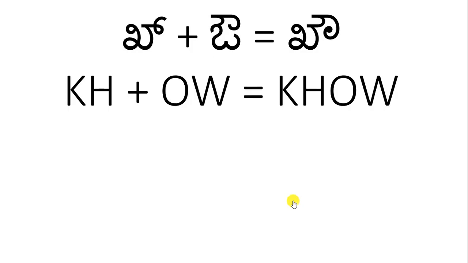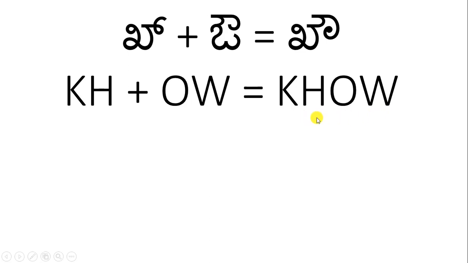The next one is cow. Okay, cow. The way we get this cow is by adding k to ow. K to ow will get you cow. Okay, cow.